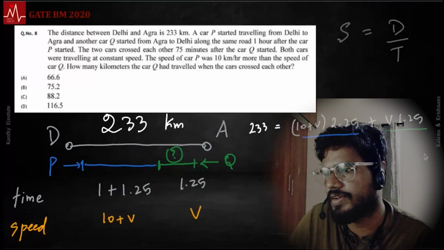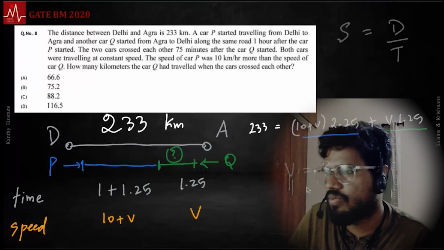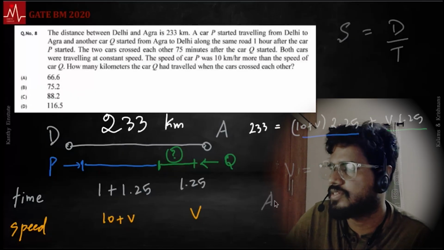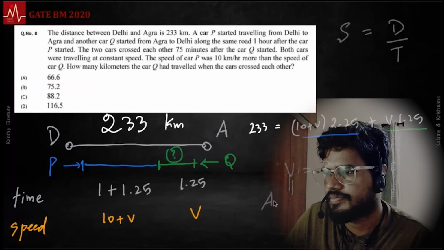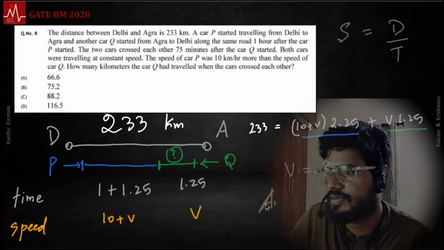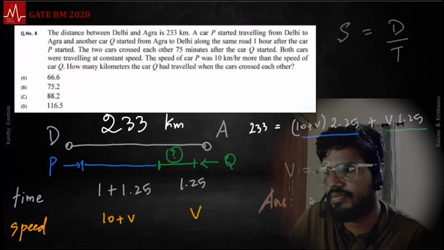Can we solve for V? Can we tell what V is, and can we say what the answer is? The answer is supposed to be, let's give some colors, V times 1.25.